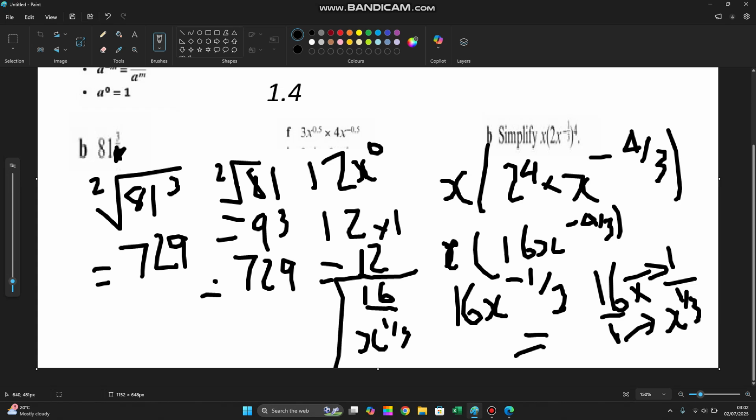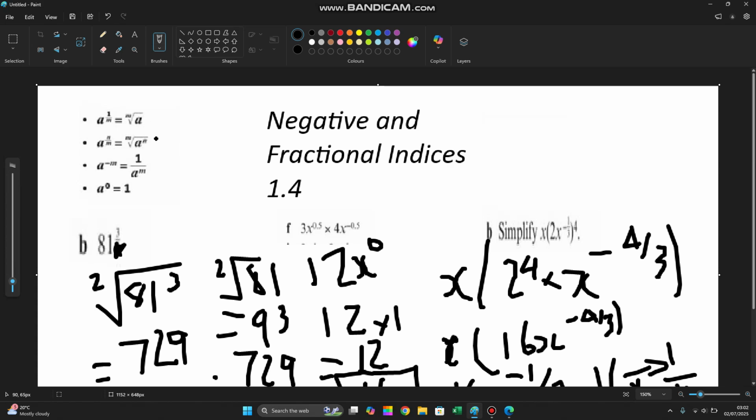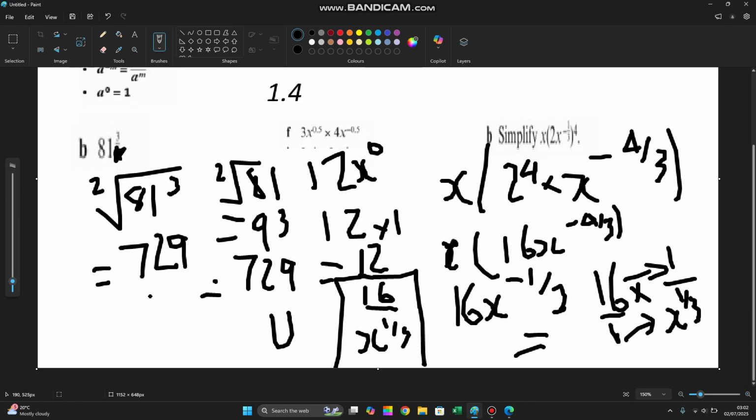Or, another way to say this, because we know that a to the 1 over m is the m-th root of a, we can also rewrite this as 16 over the cube root of x.